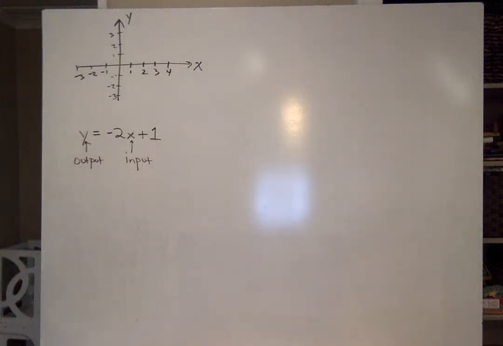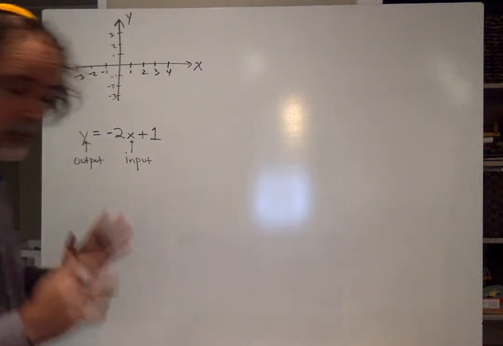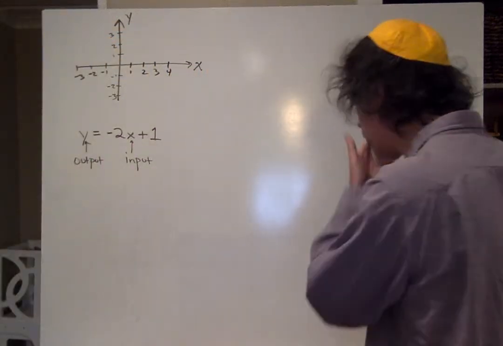This equation is an algebraic representation of the relationship between x and y, but there's also the graphical representation, which is plotting all the x's and y's that are solutions to the equation. That's what we did in 7.1.